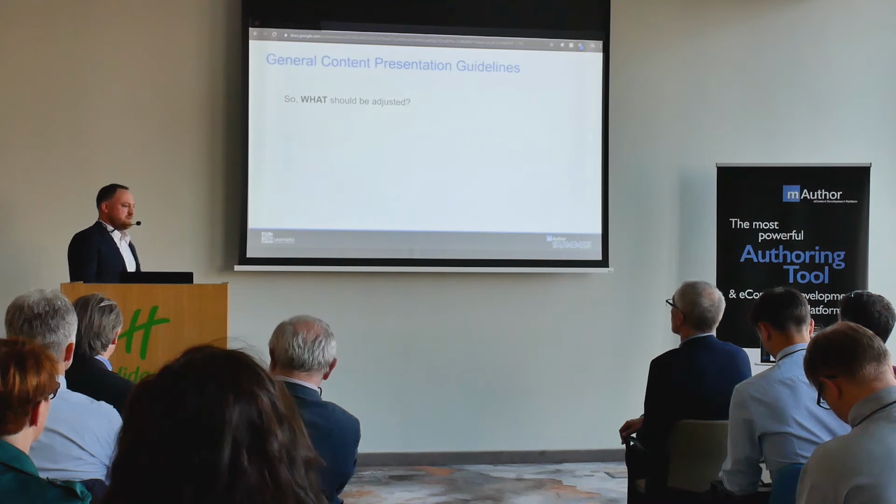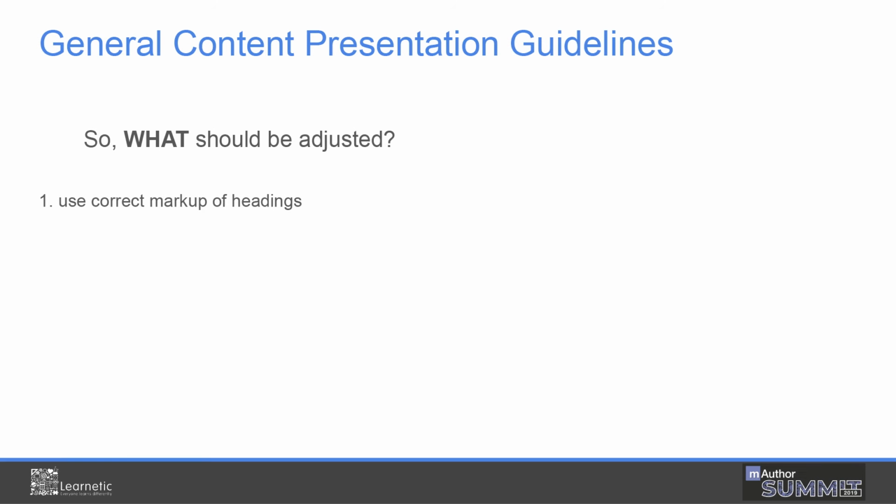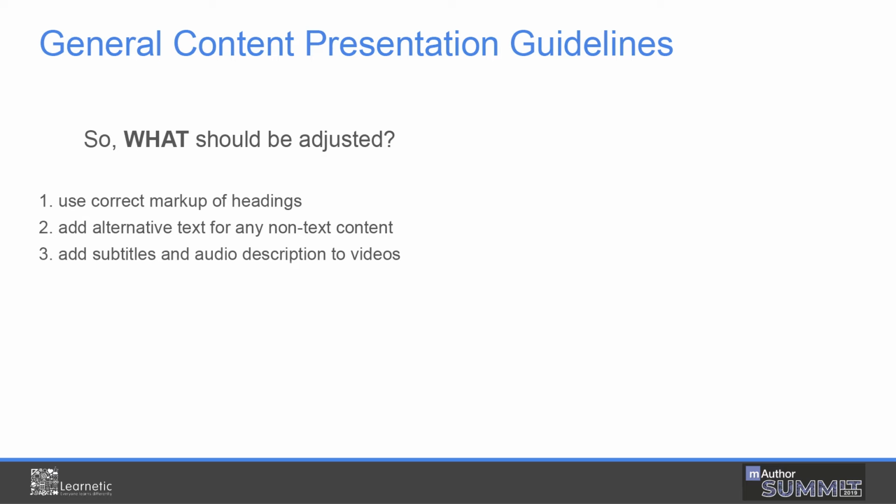So what should be adjusted? First of all, we have to use correct markup of headings. We have to add alternative texts for multimedia like audio and video. We have to add subtitles and audio descriptions to videos. We have to define the language of the lesson, but also of particular fragments of the lesson if they are in another language. We have to provide color contrast between the text and the backgrounds, and also in all other graphical elements.